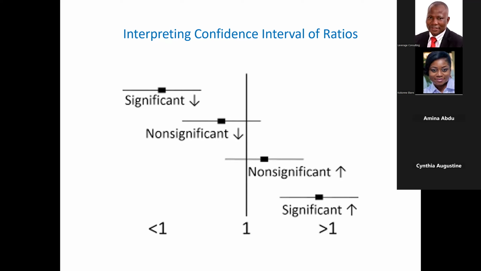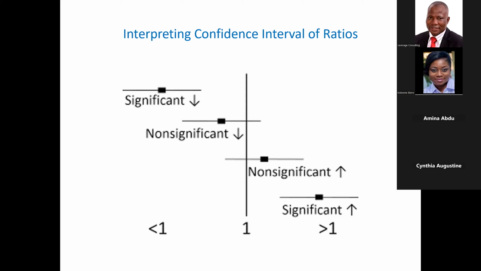This one to the left is significant, but remember, the odds ratio is less than 1, and it's significant. It means that the exposure is protective. That thing you think is causing the disease is actually preventing it. But this last one is significant, it's greater than 1. It means that factor is causing the disease.